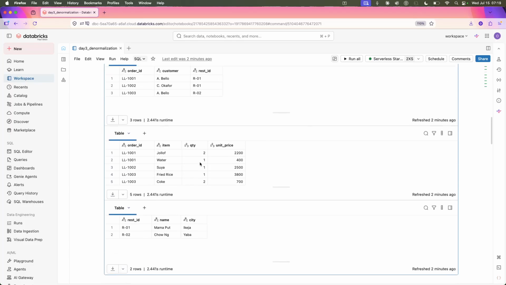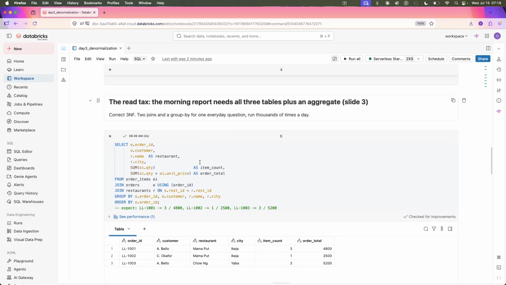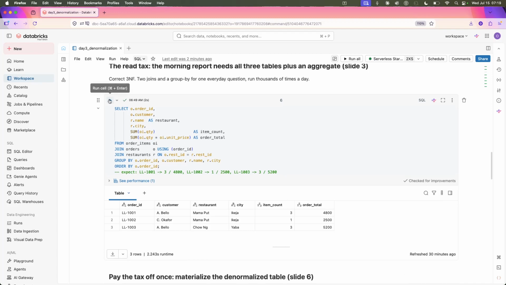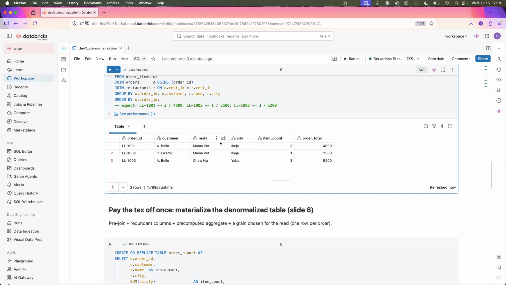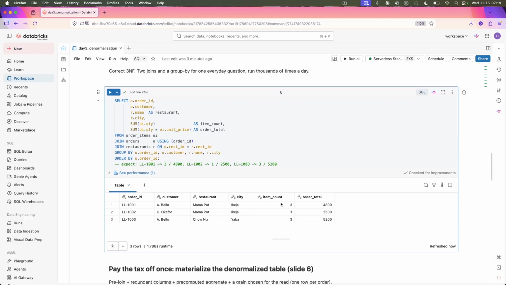And just in case you missed yesterday's class and you are wondering how did we get into this, now let's say we want to do just a join to know what amount. So if we run this now, we are seeing that for each of the restaurants, right, we are seeing the total number of orders that were ordered.